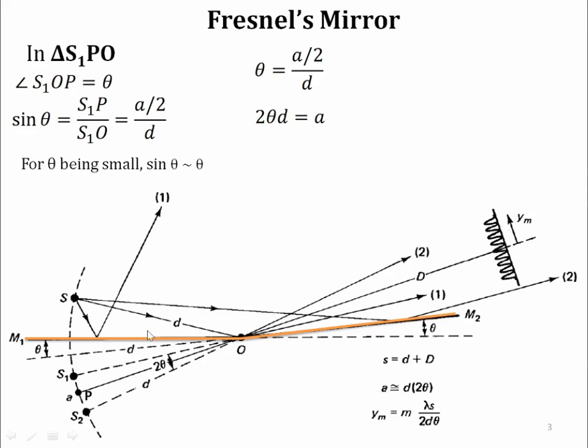One beam coming from mirror M1 also faces a phase change of pi, and the second beam coming from mirror M2 is also facing a phase change of pi. So both balance each other. That is why we don't need to consider that. If one is suffering, the other is also suffering the same. So these two will cancel with each other, and hence the final condition for maxima on the screen will be this one, Ym is equal to this one.